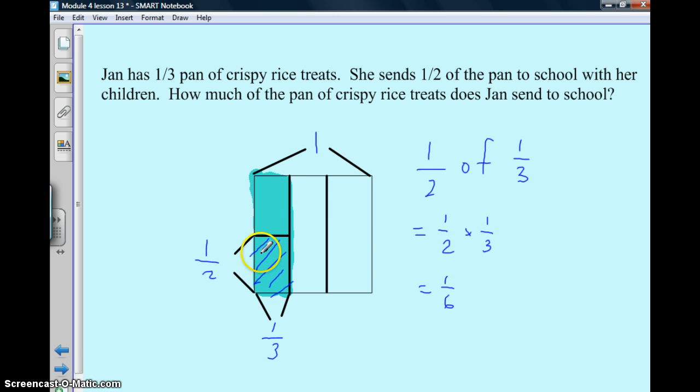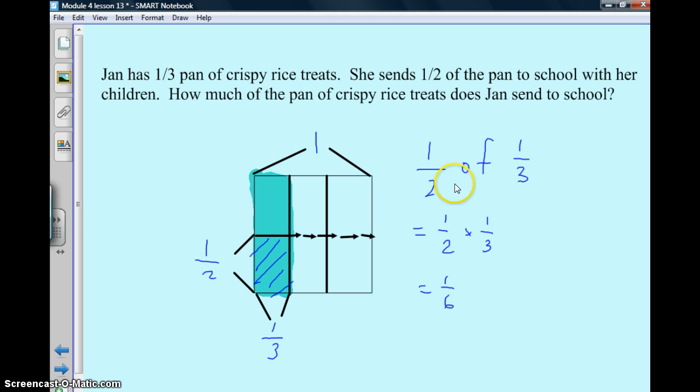So again, I drew you guys a model. Here's her whole thing. And she has 1/3 of it, right? And then she sends the half of that to school. So if you look at it, I probably should have made the dotted lines for you here. There's sixths is what I end up with because the half and the 1/3 combined give you sixths.